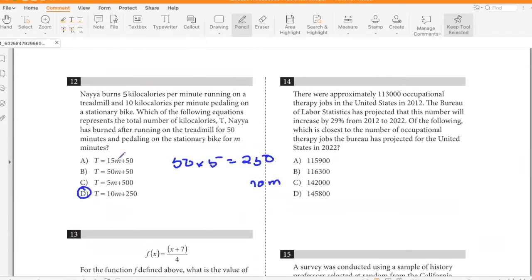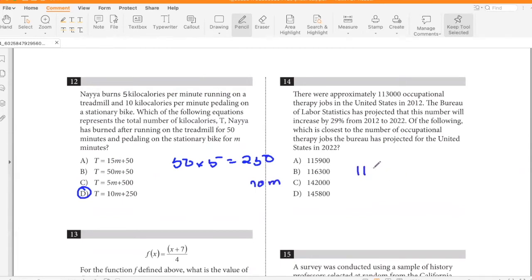There were approximately 113,000 occupational therapy jobs in the US in 2012. The Bureau of Labor Statistics has projected that this number will increase by 29% from 2012 to 2022. Of the following, which is closest to the number of occupational therapy jobs the Bureau has projected for the US in 2022?